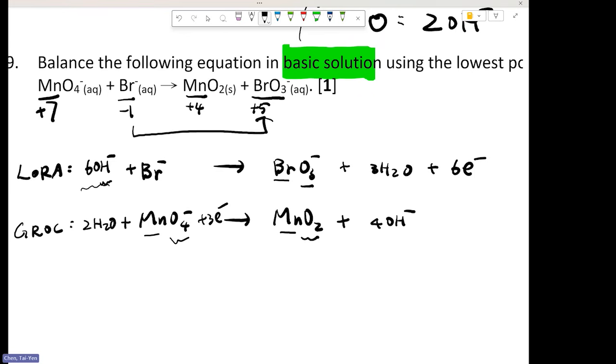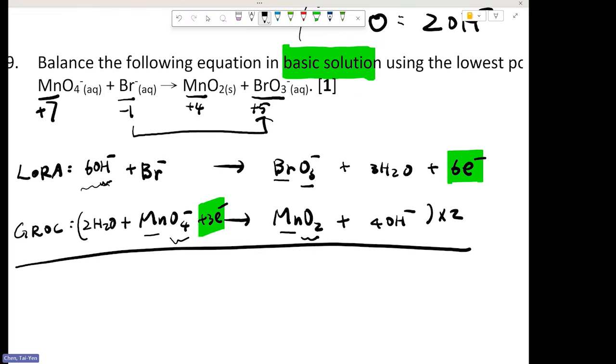All right. Then you want to make sure the electrons generated by the oxidation are the same as the electrons accepted by the reduction. The oxidation generates 6, the reduction only accepts 3, therefore you multiply the reduction by 2 before adding up.